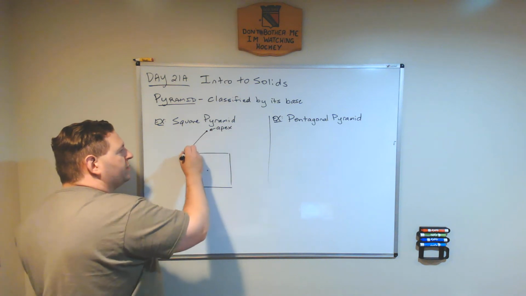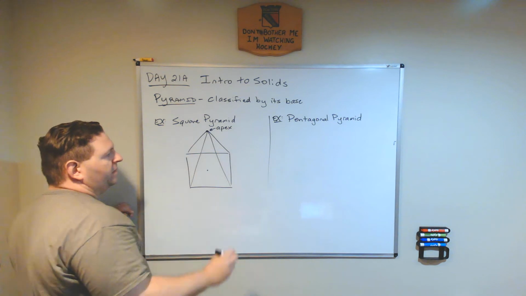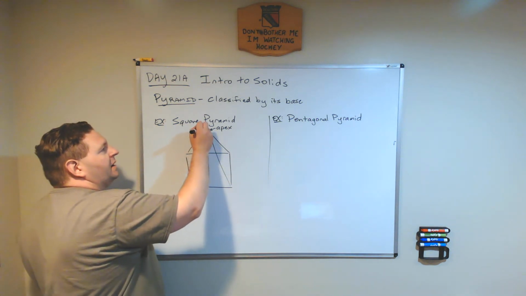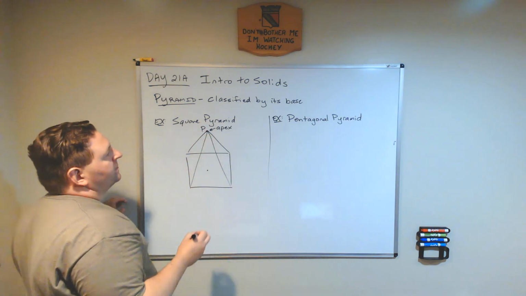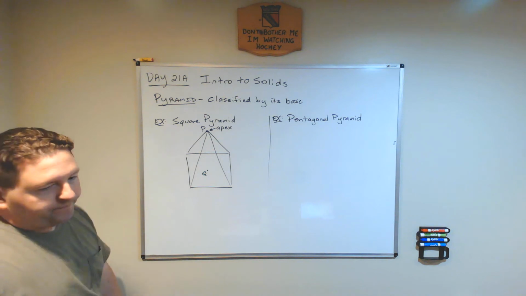So it's a perspective issue. Start drawing these down like so. And this apex point right here, let's call it P, and Q for the center.